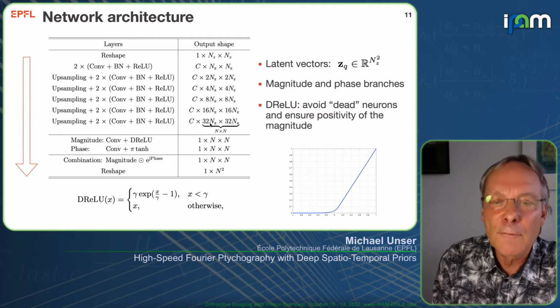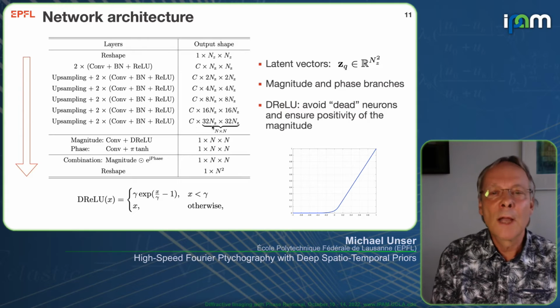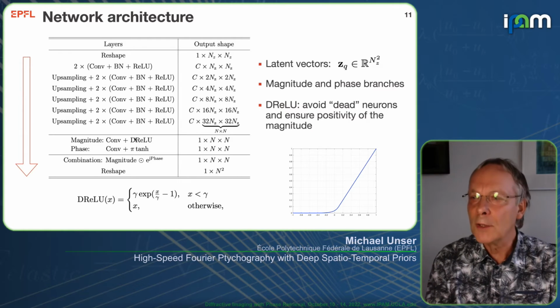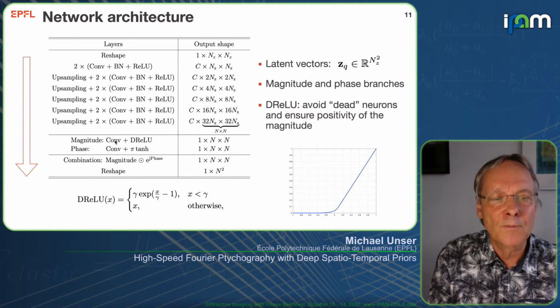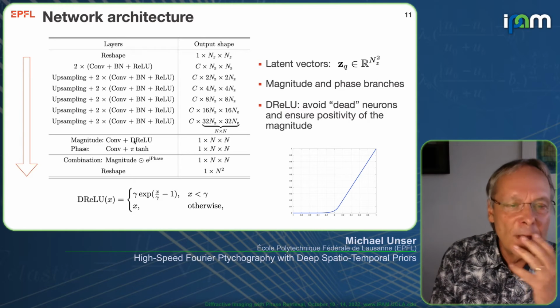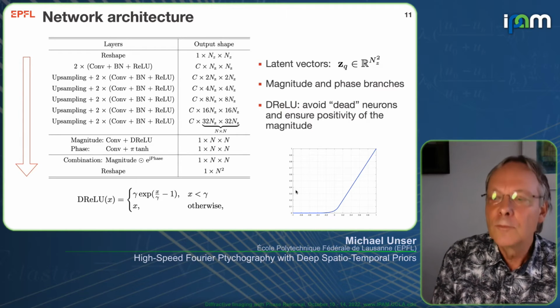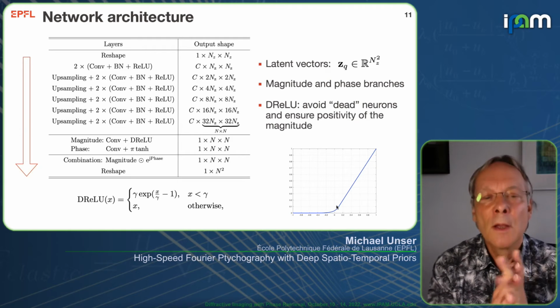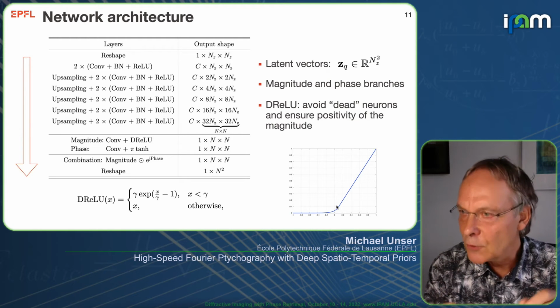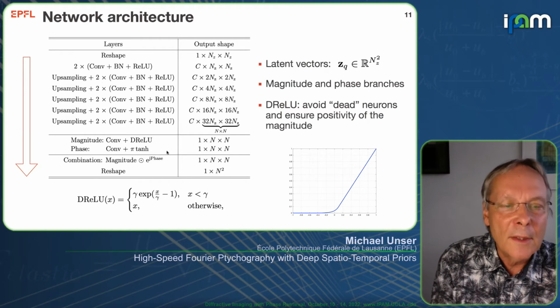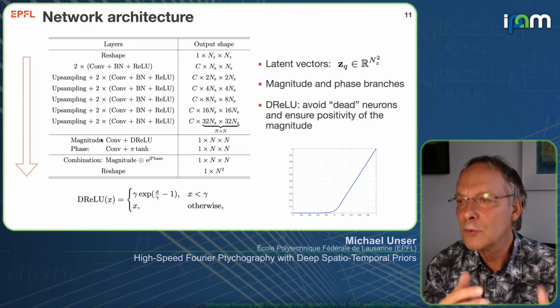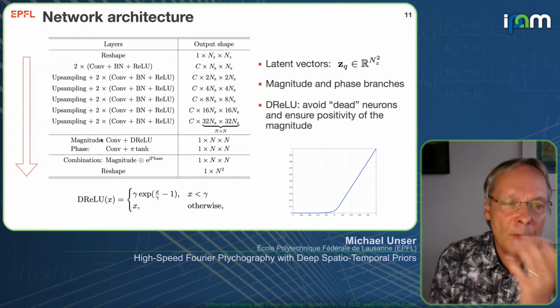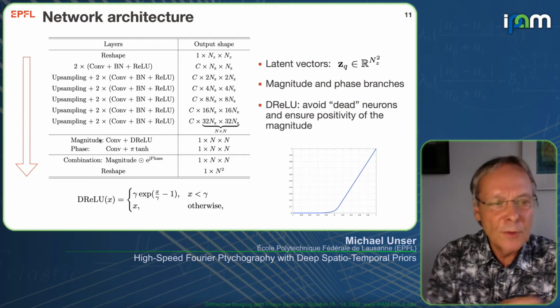At that level, we feed that into 2 branches. There's one branch which has a convolution network and a d-ReLU, which is this function here. It's a slight perturbation of ReLU, adapted to the fact that we want to produce something that is positive, a magnitude.